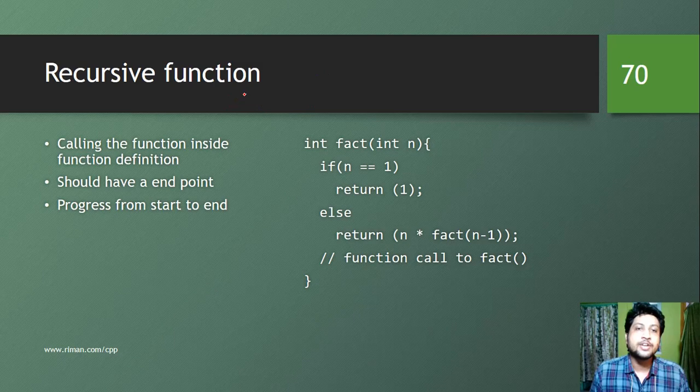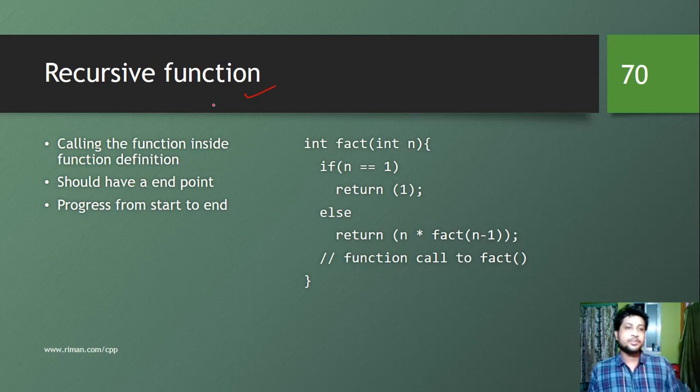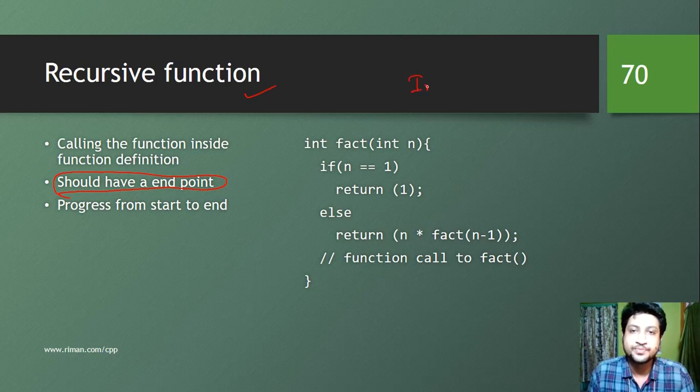Now, recursive calling. This is another interesting technique in functions where we call the same function inside the function definition. So while declaring a recursive function, we should have an endpoint. That means we must declare an endpoint inside the function. So a recursive function always works like an infinite loop.